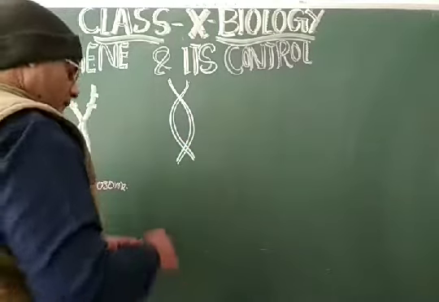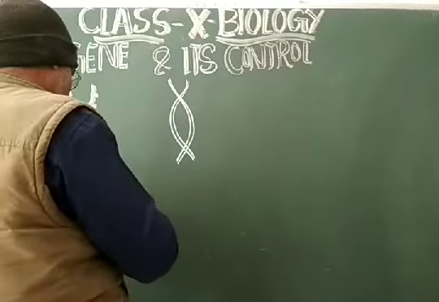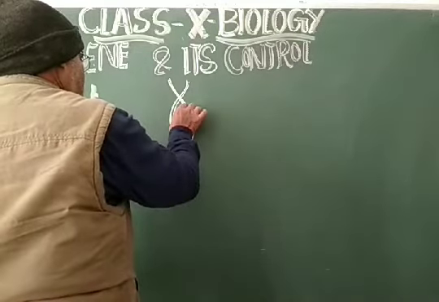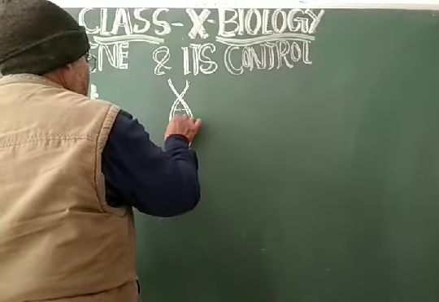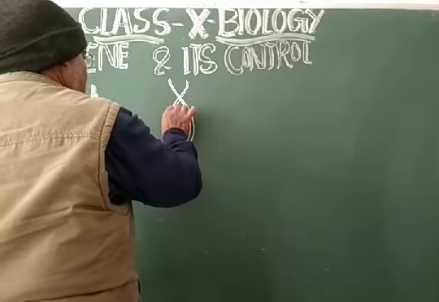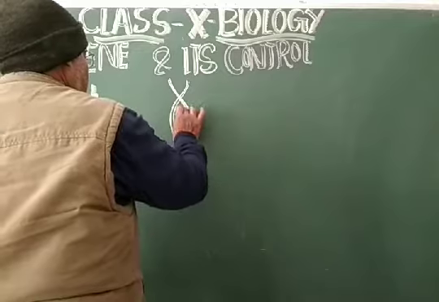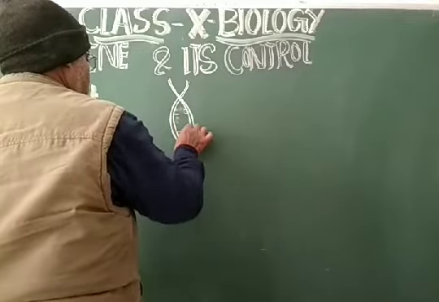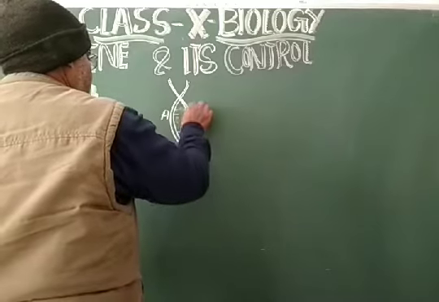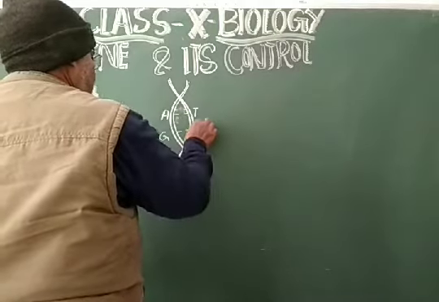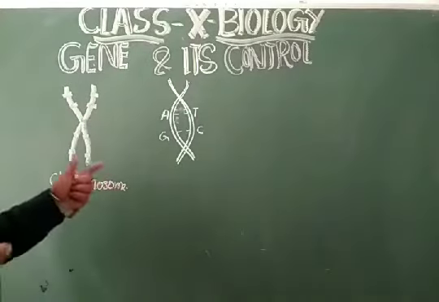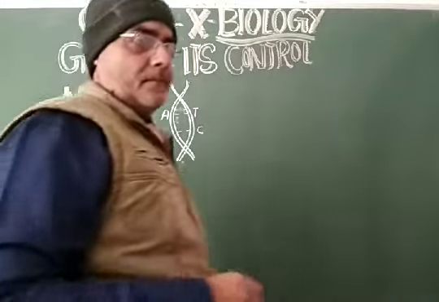My dear students, you will see here that there are 4 nitrogenous bases in each loop of the DNA. So this is the DNA loop, and each loop has 4 nitrogenous bases. Suppose those bases are A, T, G and C. I am just explaining how you can understand the concept of gene.